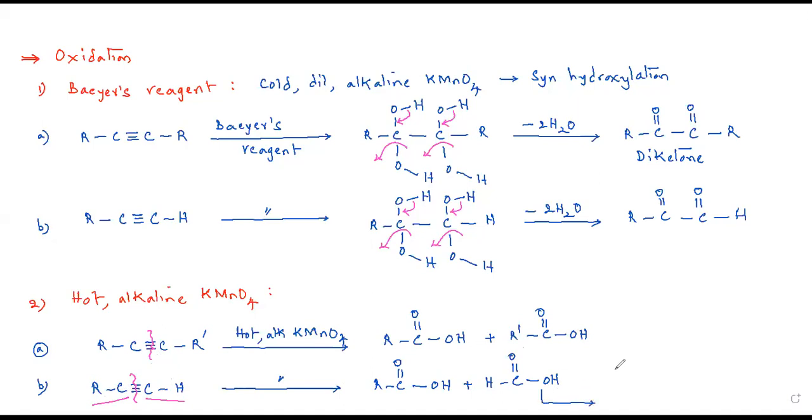Now, this is further oxidized to give carbon dioxide and water. Okay, that is the extra thing that happens with the hot alkaline permanganate. Bonds break to form carboxylic acid.